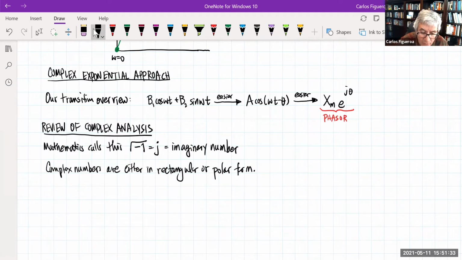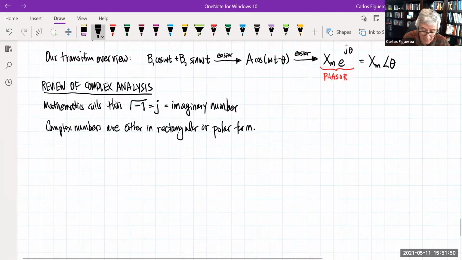The phasor is in polar form. In fact, what we typically do, you may remember this notation from geometry. So what we really want to do here is translate between rectangular and polar form.